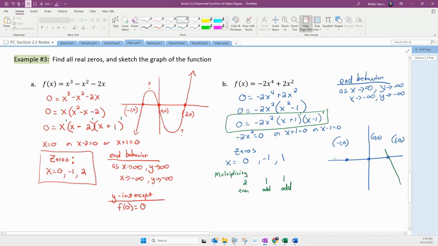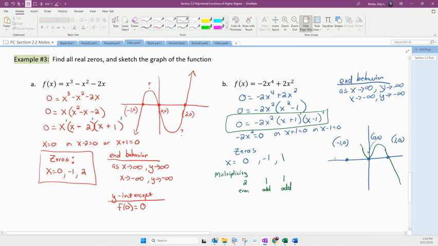When it's x squared, we know that's a parabola. So when I curl back down to hit this 0, I'm going to treat it like a parabola right there, and I'm going to turn back up because the multiplicity of 2 was even. It will always behave like a little parabola at that 0, and it'll turn.